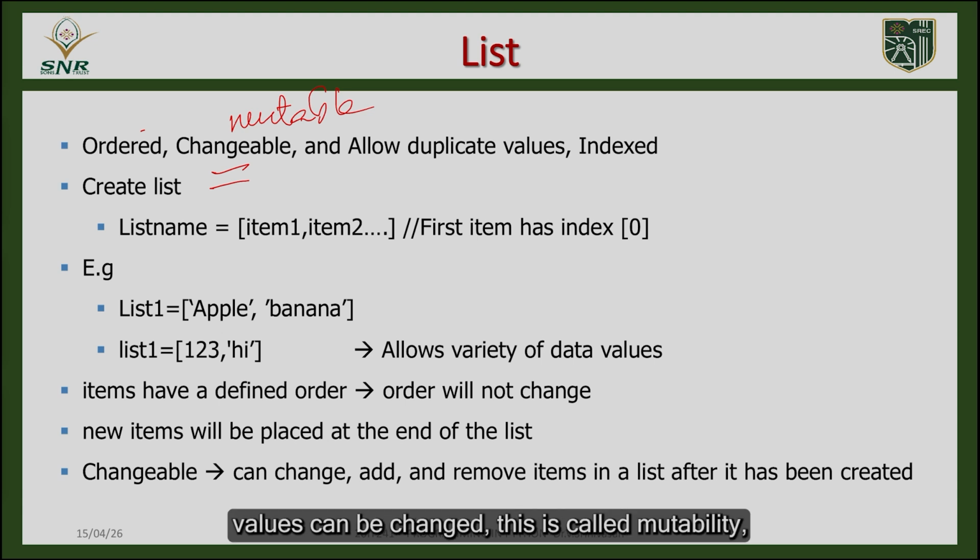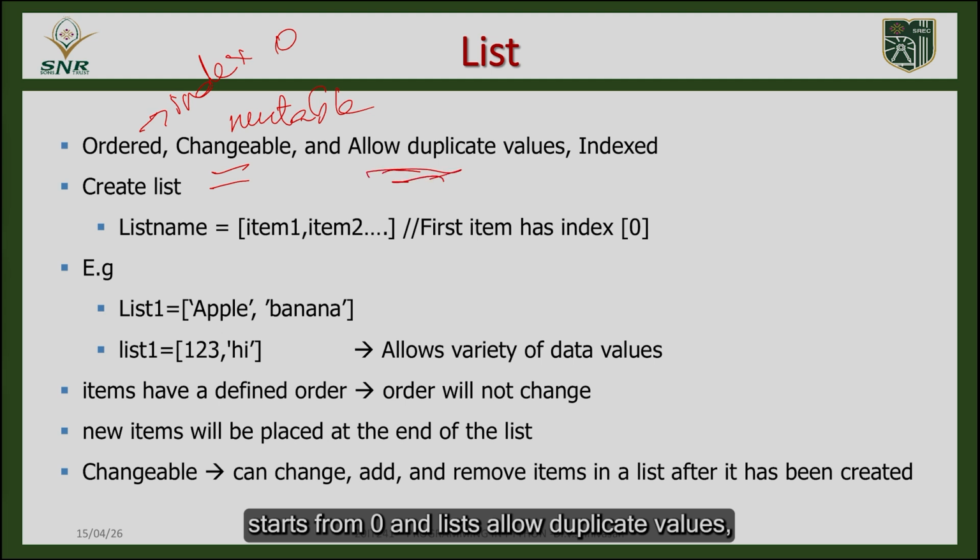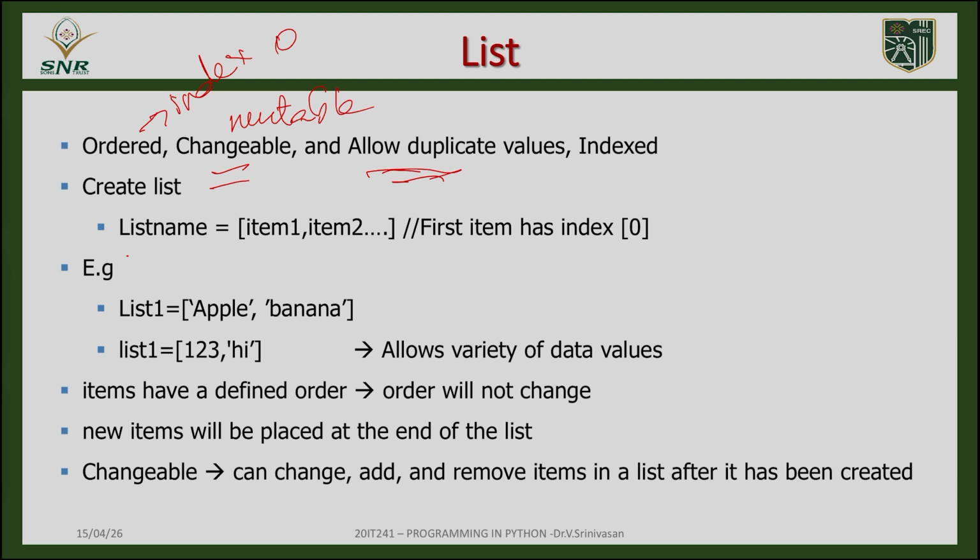This is called mutability, mutable. And ordered means indexing. The positions of those values are ordered by index value, and the index value always starts from 0. Lists also allow duplicate values, so the same values can be stored repeatedly inside a list.